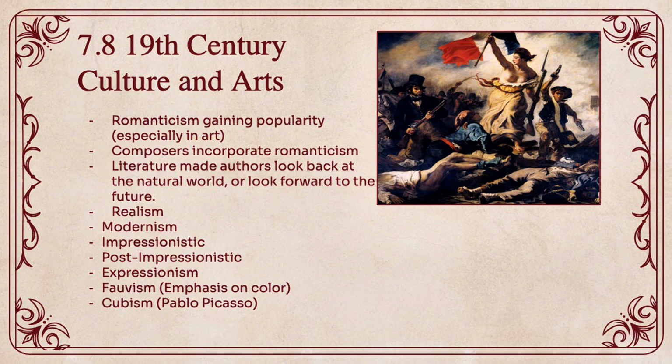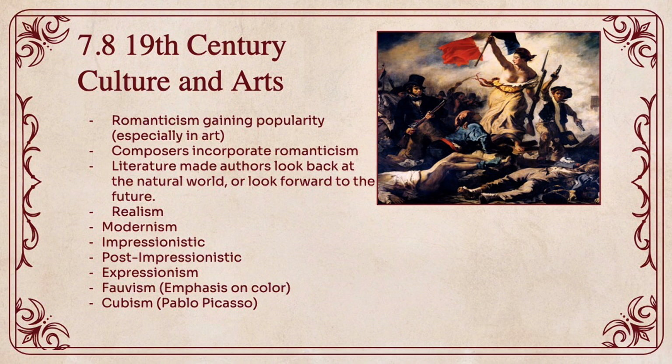So Romanticism heavily favored the public, especially the working class. Composers picked up on this. They took Romanticism, especially Beethoven and Chopin, both of them. They incorporated it into their pieces and separated from the Baroque pieces that came out of the Renaissance.